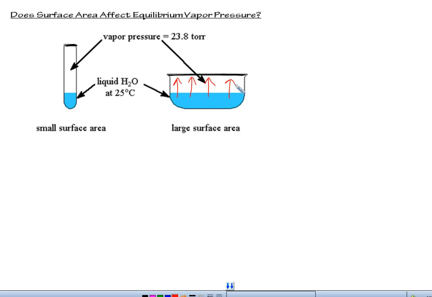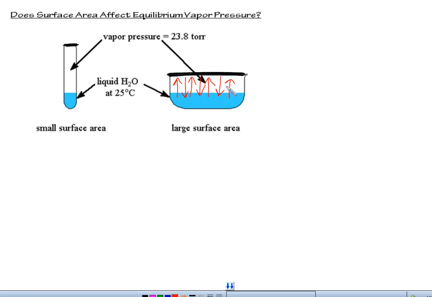But if these were closed containers, which maybe this dark line on the top is supposed to show, and this one is a closed container too. It's got some kind of a cap on it. If there's more particles entering the gas phase, then there's going to be more particles re-entering the liquid phase.